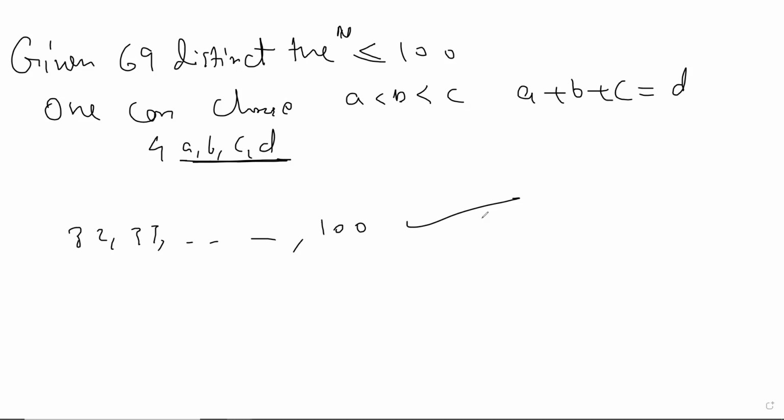But we can choose one trio out of them still. How? You can choose 3 out of them, but why will the sum be in the set? Is that obvious? No, right?